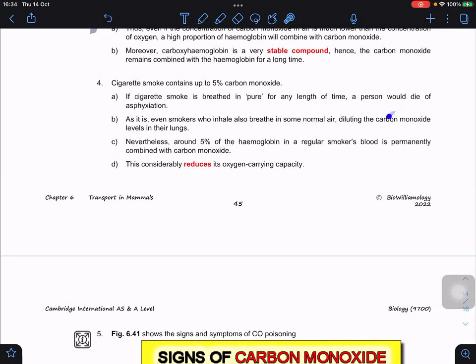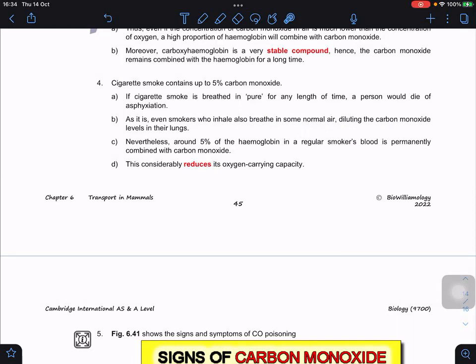So the carbon monoxide concentration in the lung is much lower because the normal air dilutes the carbon monoxide. However, around 5% of the hemoglobin in a regular smoker's blood is permanently combined with CO, so it reduces the oxygen carrying capacity.